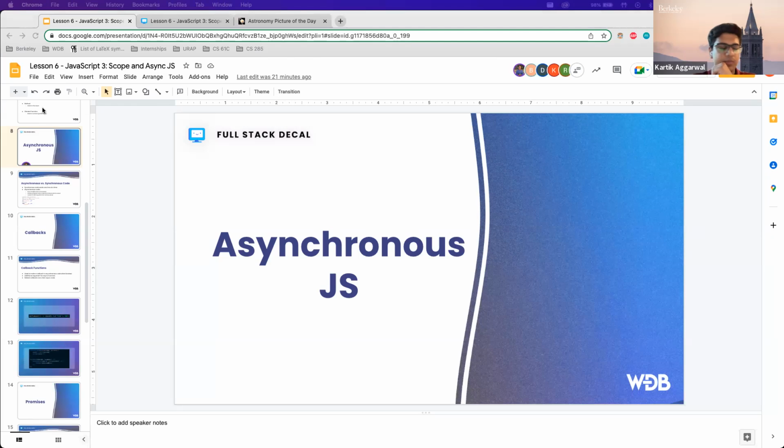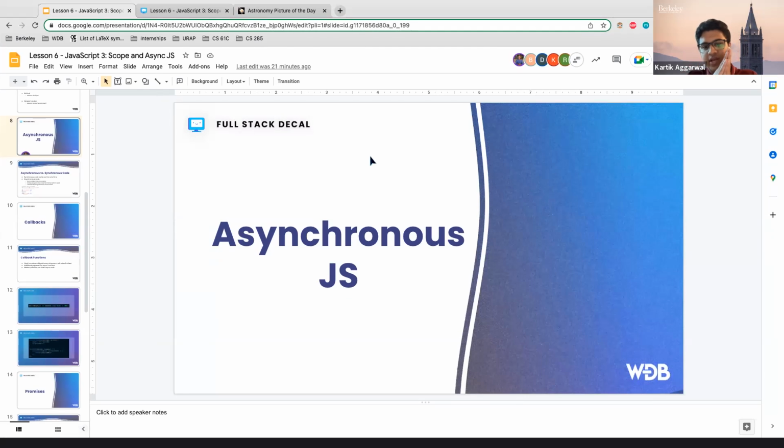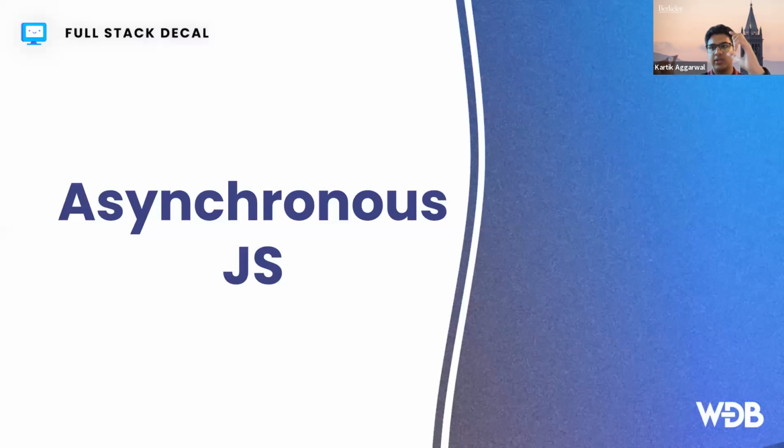Yeah. So block scope is basically another type of scope. For example, if you're defining an if condition, you must be remembering that you have the curly braces. Anything defined inside those curly braces is a block, and any variable that is defined inside can only be accessed within those curly braces, and that is basically what block scope is.